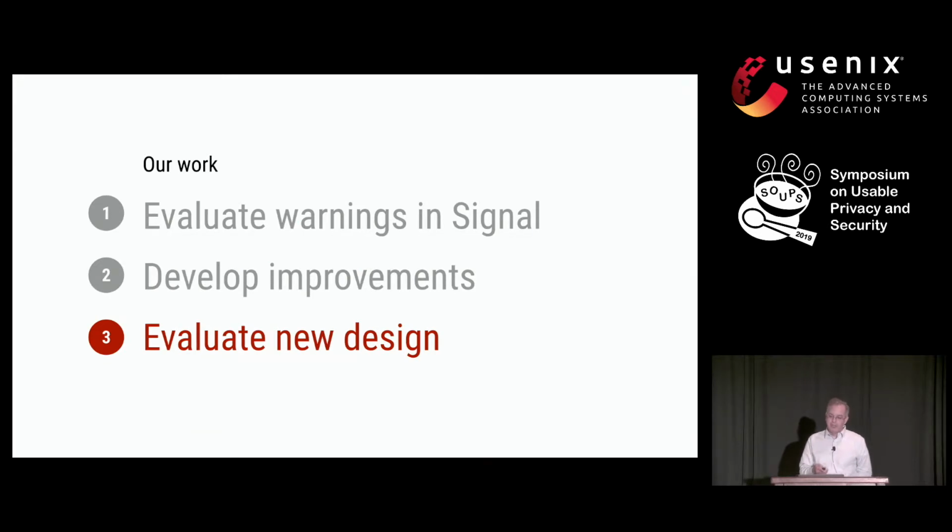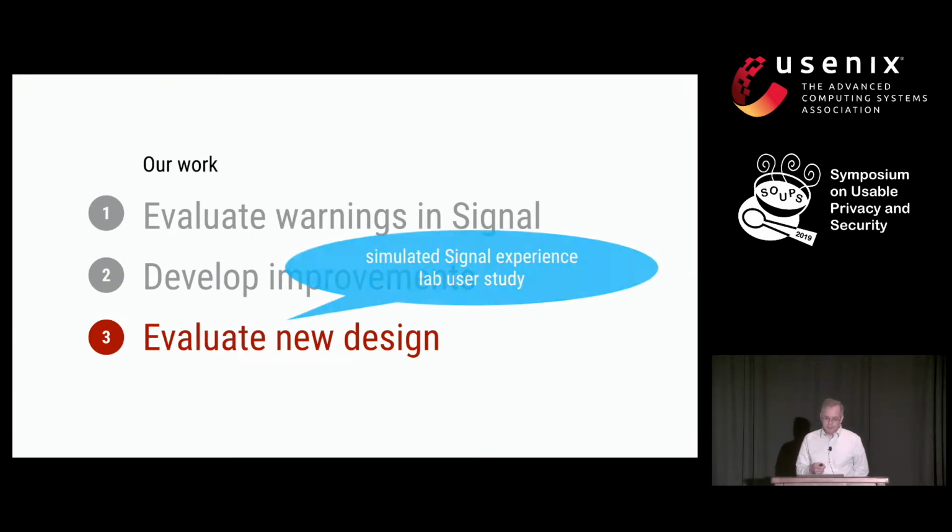And then we evaluated our new design, using some of that data from the simulated Signal experience and repeating our lab user study with a new set of users to see if their behavior changed and if their understanding changed.